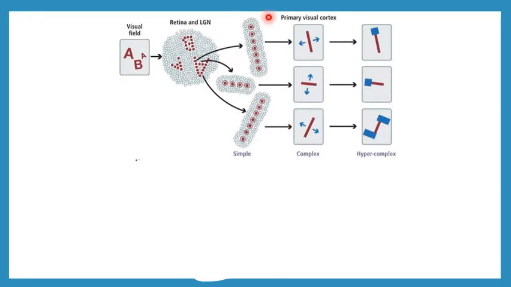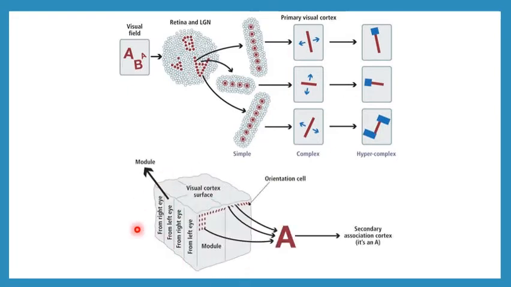And the complex cells have a combination of receptive fields of these simple cells, so they will detect these lines. And the hypercomplex cells will further process these lines, and this in turn is encoded onto these orientation columns. So by the time it is processed, the primary visual cortex will be able to identify it as an image like this.